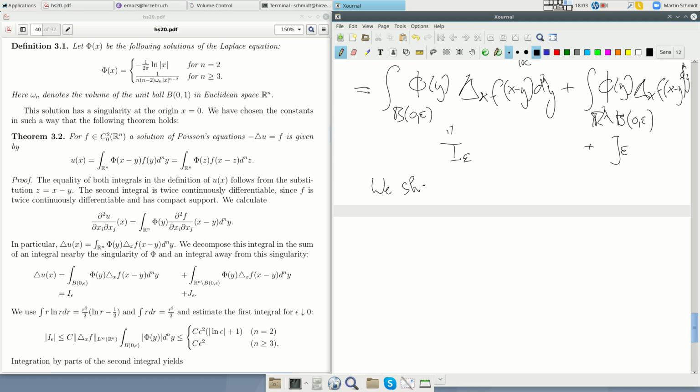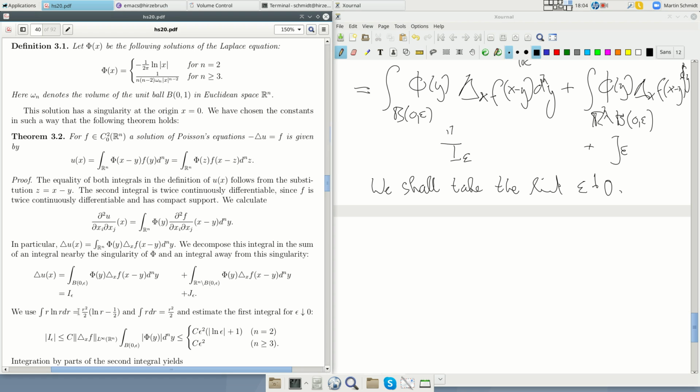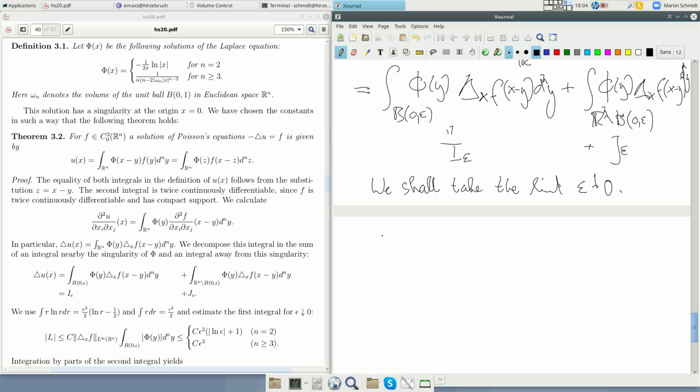We shall take the limit, epsilon goes to 0. Okay, so let's take the limit. And f is continuously differentiable twice.